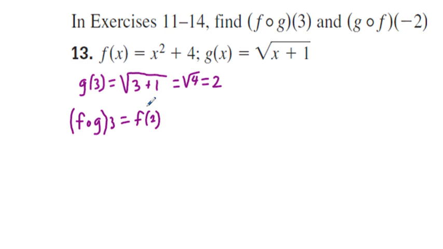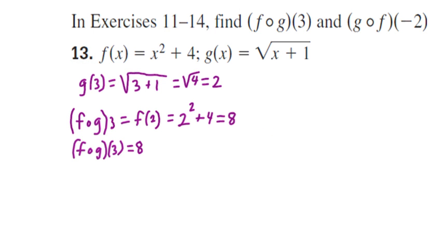Why do we know that? Because we know that g of 3 is 2. So we did the g part first, and then in the f portion, we have 2, replacing this x here, squared, plus 4, which equals 8. So we summarize, f of g of 3 is equal to 8.